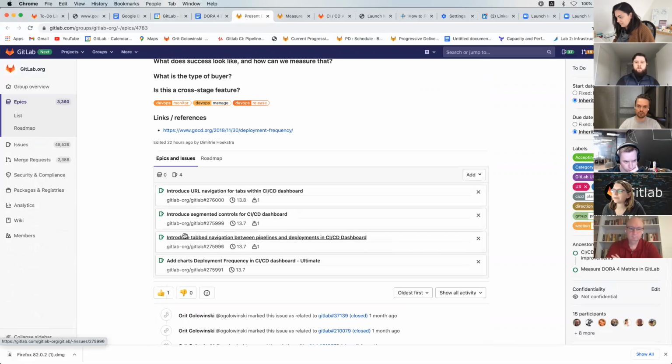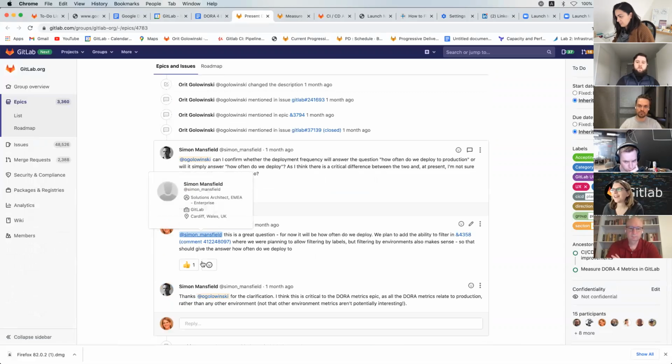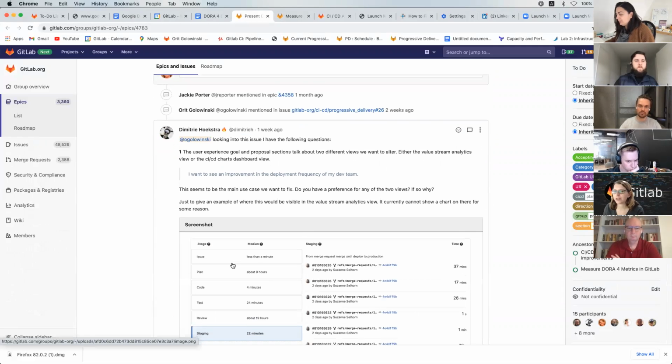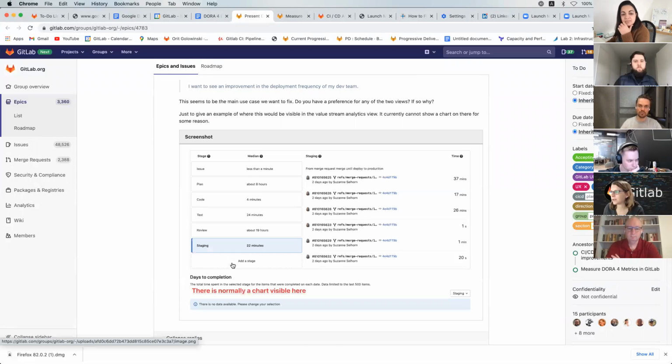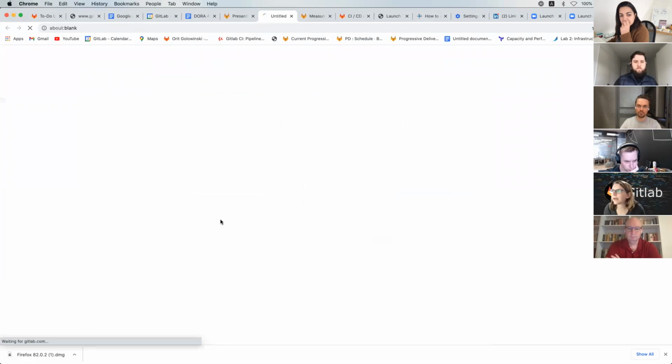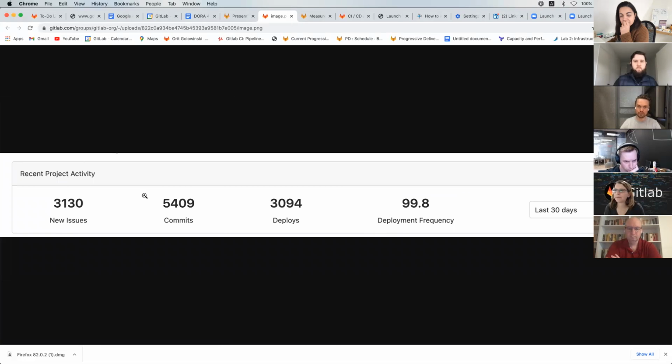I think one of you asked about just capturing a number and not having a chart, which could definitely be a first stage. So this already exists in the product. This data shows number of issues, number of commits, number of deploys, and deployment frequency for the last 30 days. This already is being collected.